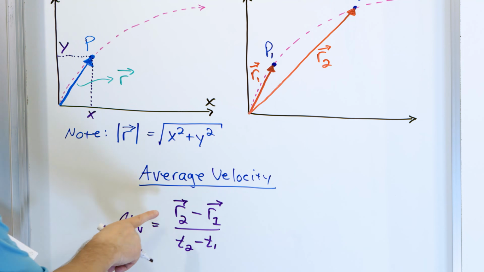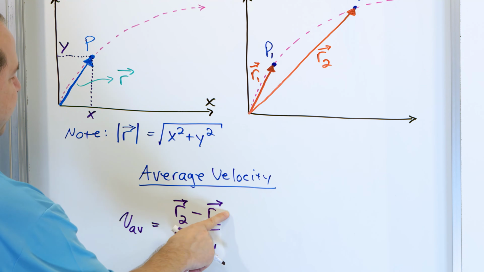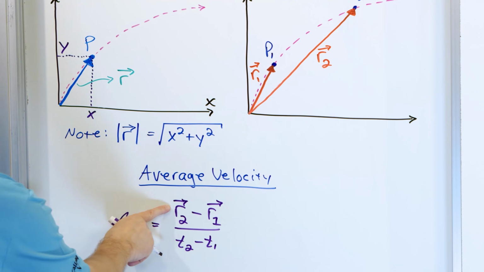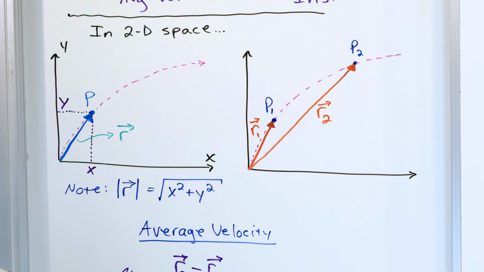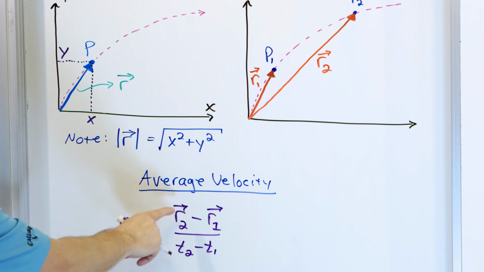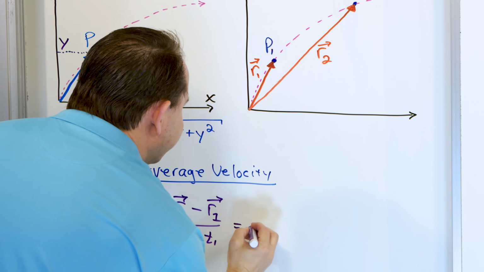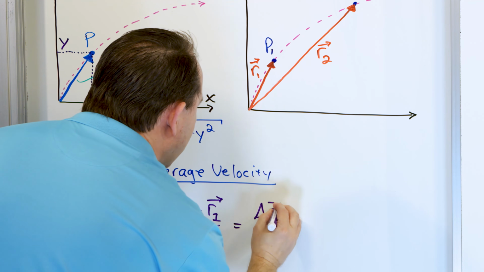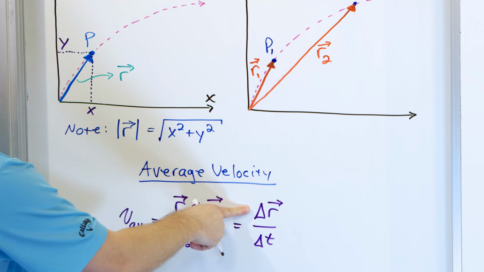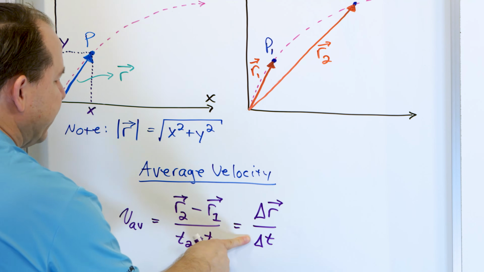So we bookkeep it as position vector number 2 minus position vector number 1 divided by the time elapsed. Exactly the same thing. This is meters per second, but these are vectors now, not just numbers. Notice there's no vector symbol there, but there is down here. So the way we write it in shorthand form is delta R over delta T. This is the change in the position divided by the change in the time.